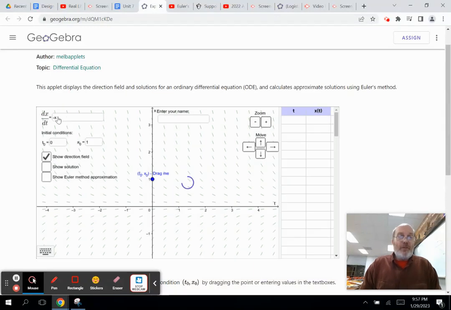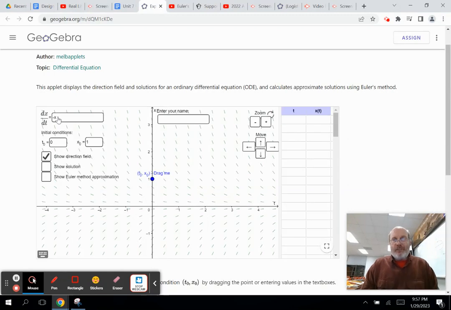And so that means, let's look at this in another way. Let's point this out real quick. The independent variable in this applet is t, and the dependent variable is x. So this is actually going to be the function x of t that we're solving for. I'm going to say the function is x of t equals t, the function that we're taking the derivative of.